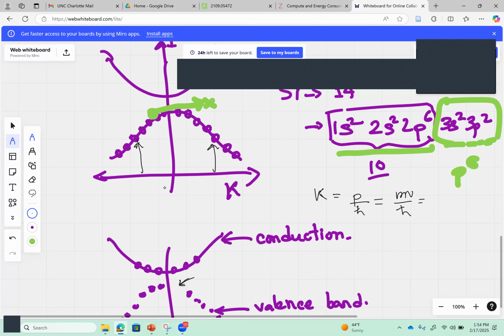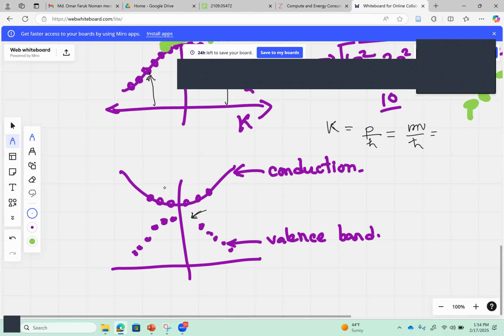But if you can create an empty position, then it might be possible to excite some electrons. Let's say I can excite this electron to go into here, to fill up that space. But if an electron goes here, it will definitely create an empty space. So this is the new electron's position.